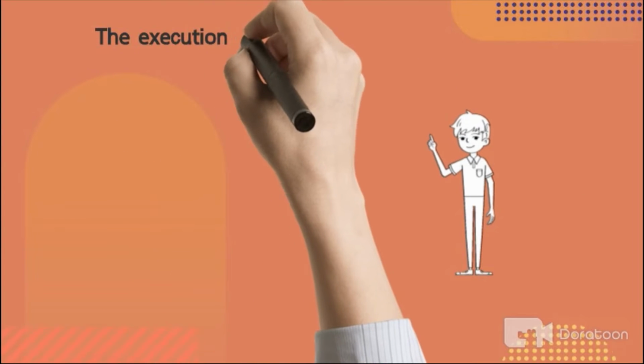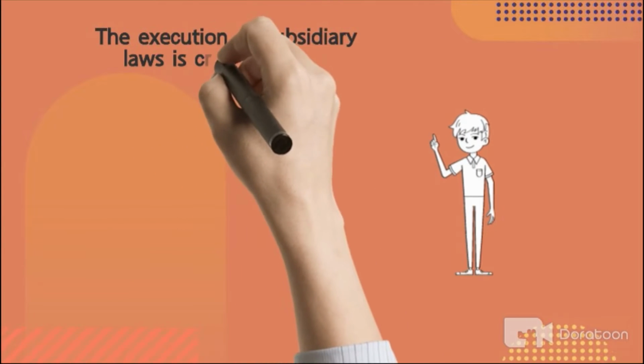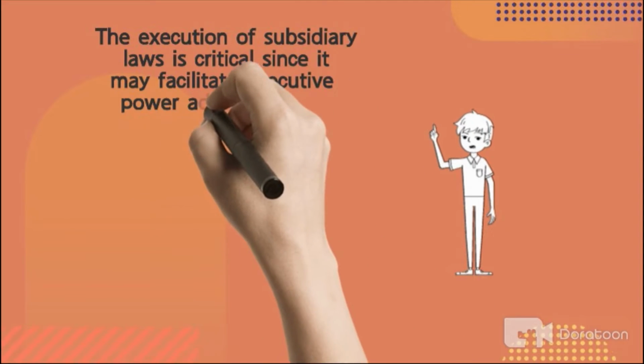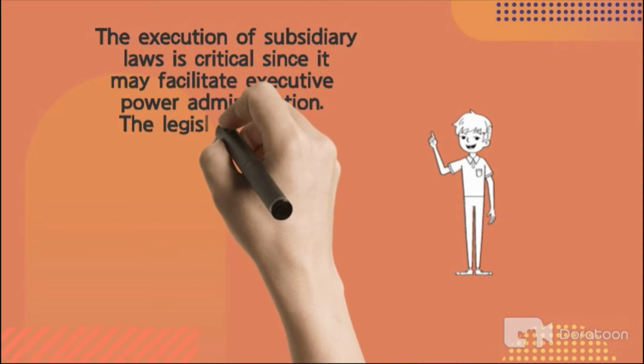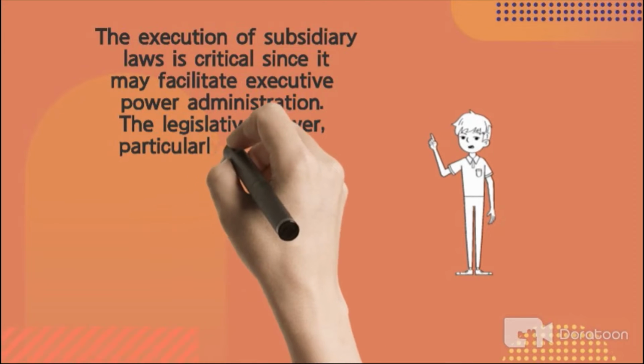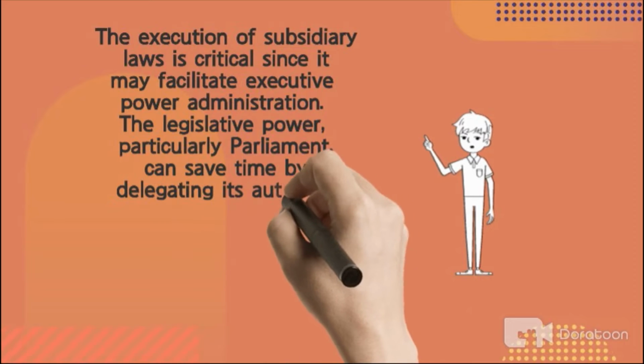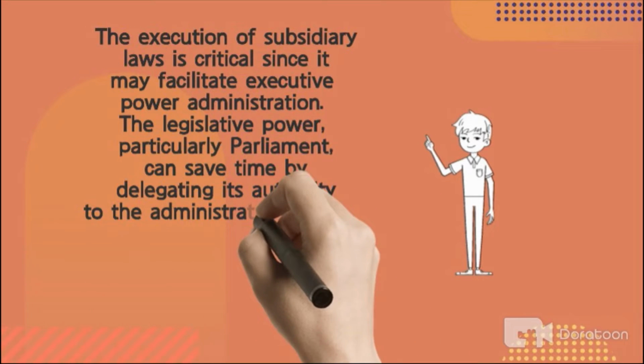The execution of subsidiary laws is critical since it may facilitate executive power administration. The legislative power, particularly Parliament, can save time by delegating its authority to the administrative authority.